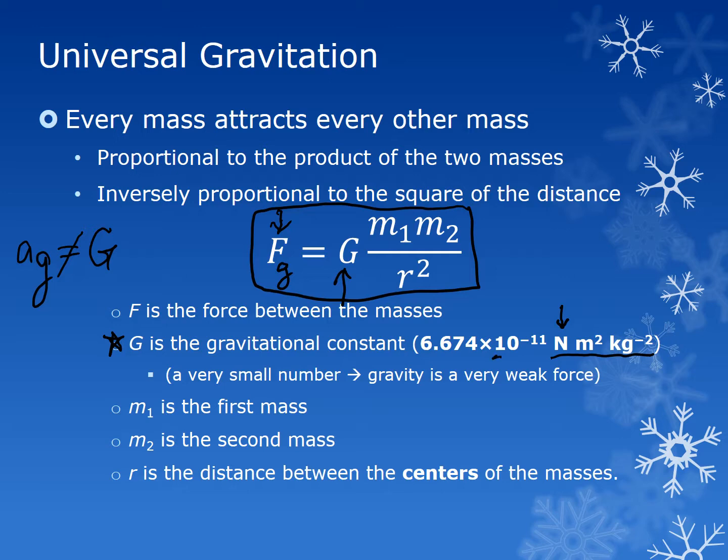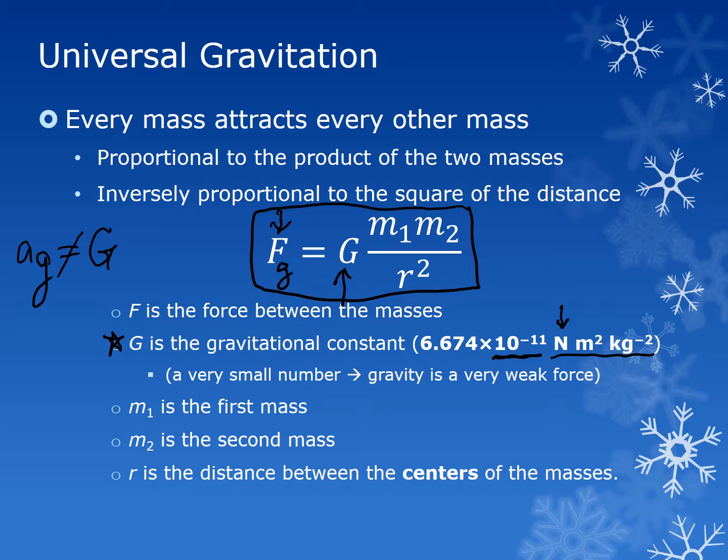It is times 10 to the negative 11, which means it is a really insubstantial number. And that makes gravity a very, very weak force. It is the weakest force of all the forces that we know in the universe.